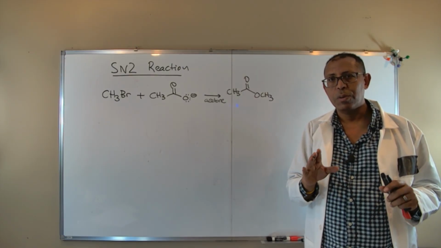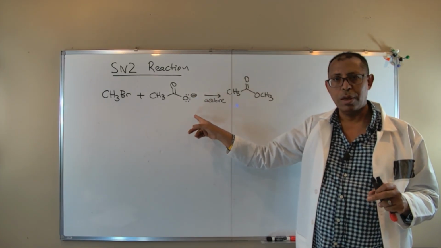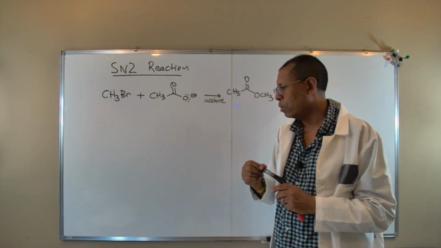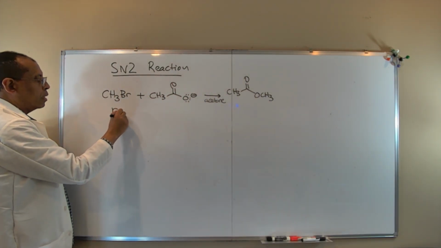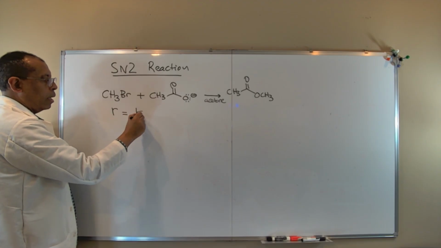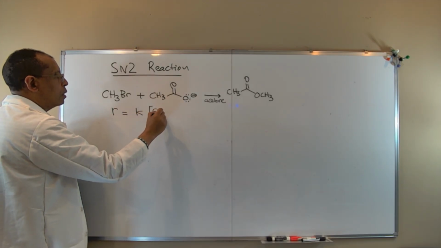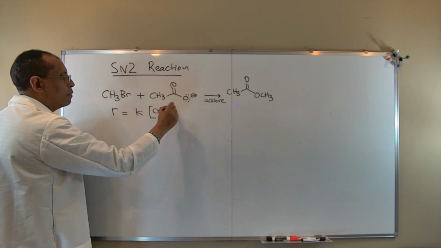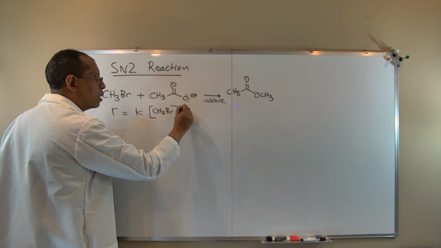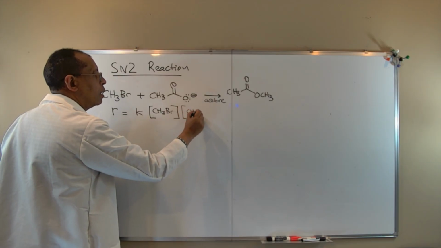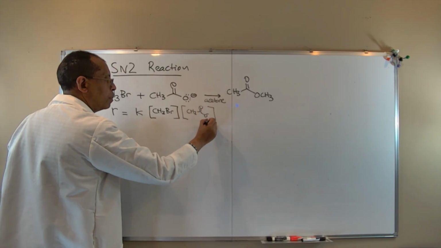So if you're asked to write the rate law for this SN2 reaction, it should be written as rate of the reaction equals k, the rate constant, times the concentration of CH3Br, the alkyl halide, times the concentration of the nucleophile, which is the acetate anion.